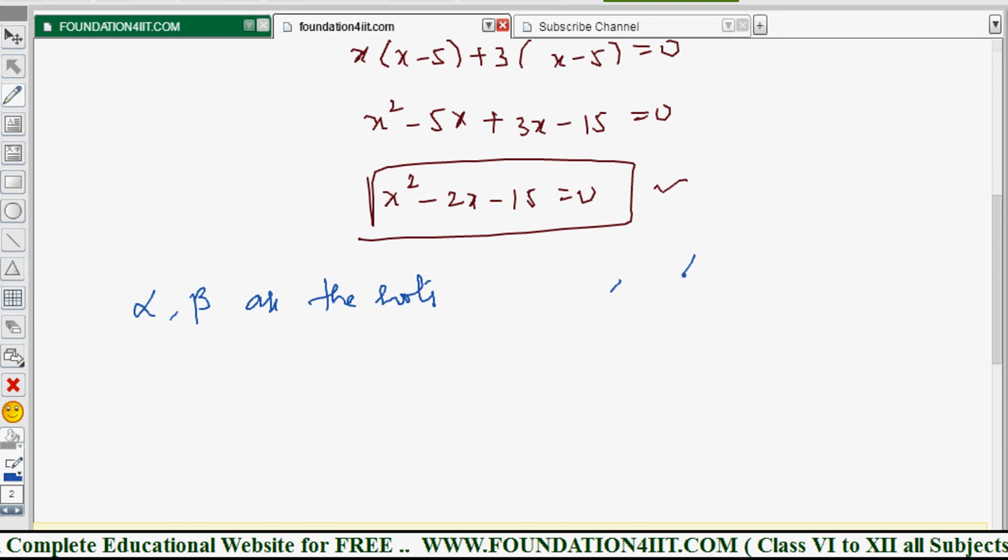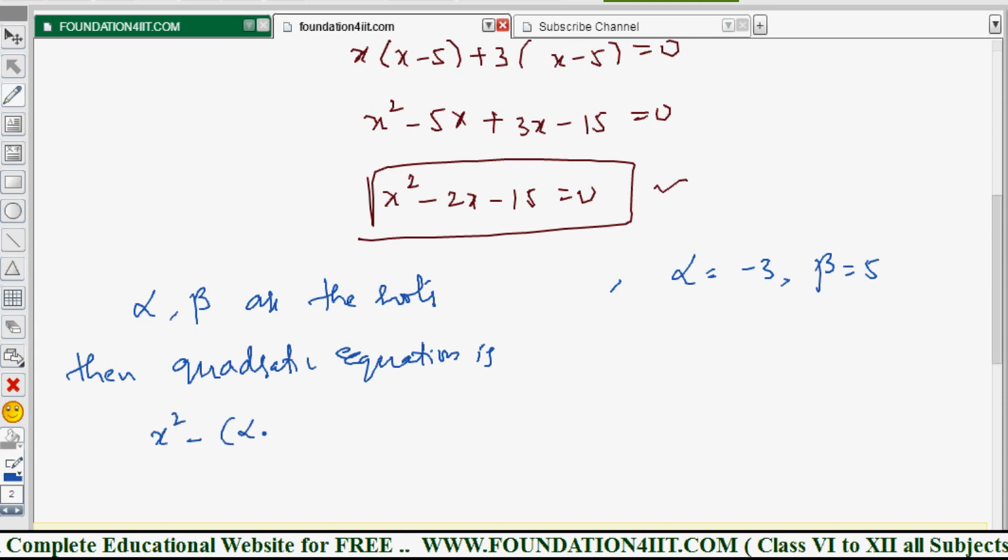Here according to our problem, alpha is equal to minus 3 and beta is equal to 5. So whenever alpha and beta are the roots, then the quadratic equation is x square minus (alpha plus beta) into x plus alpha into beta is equal to 0.